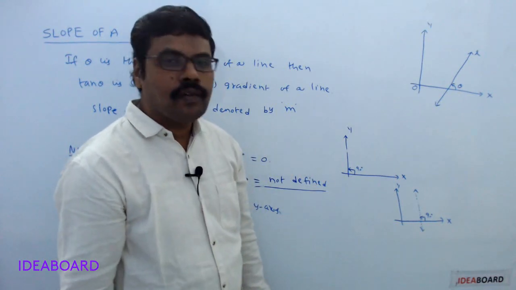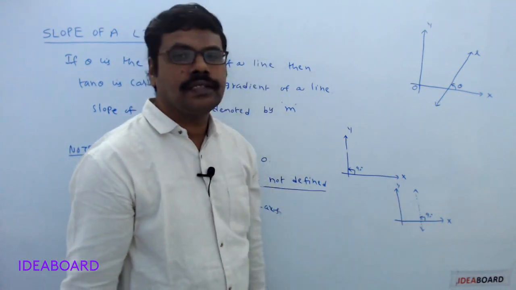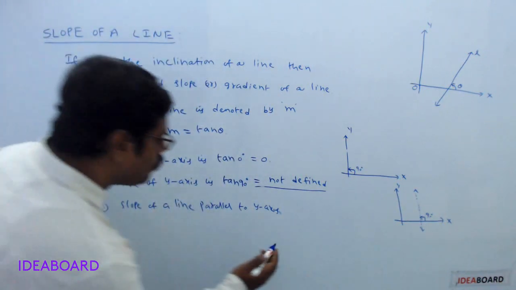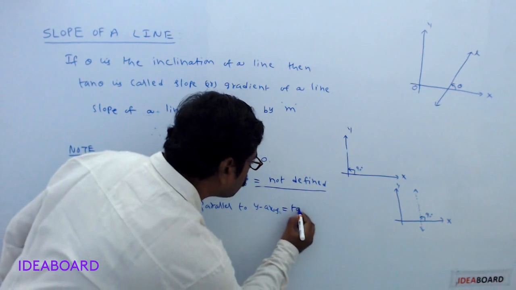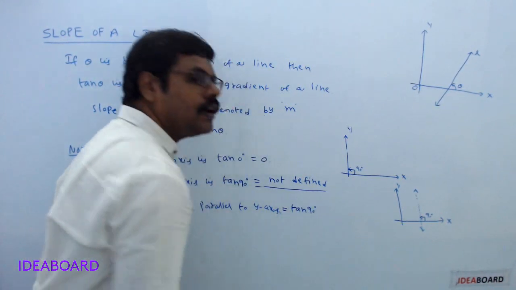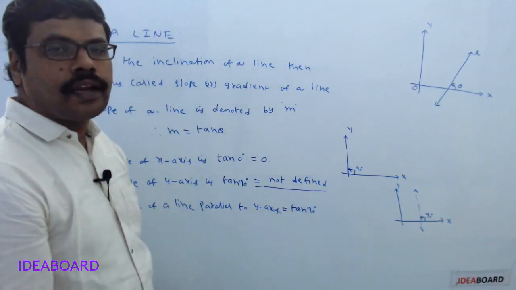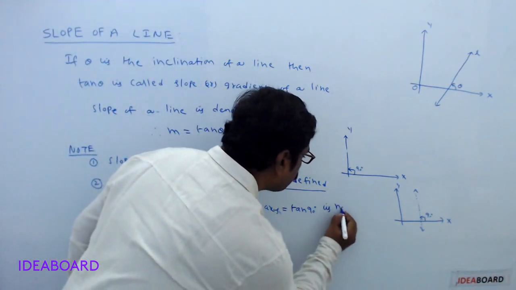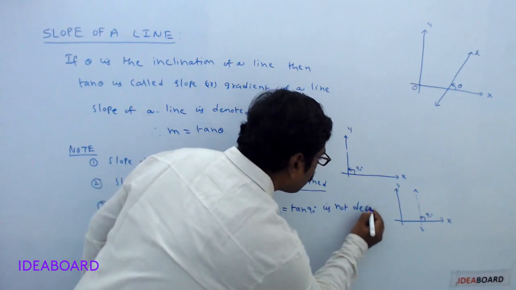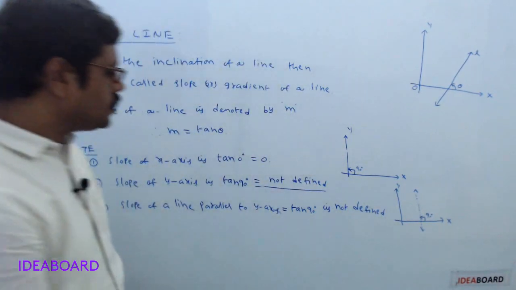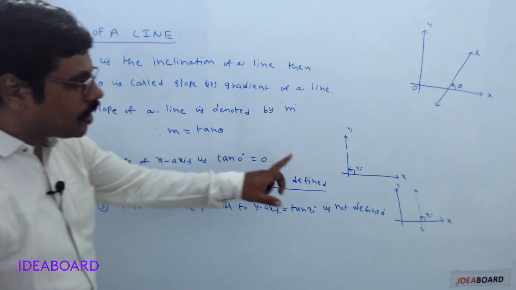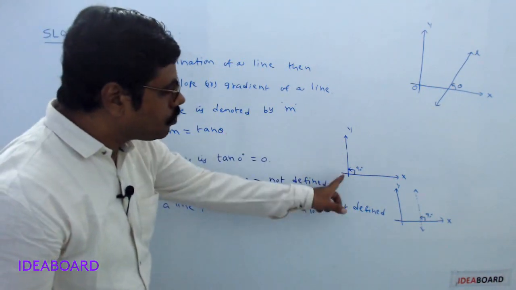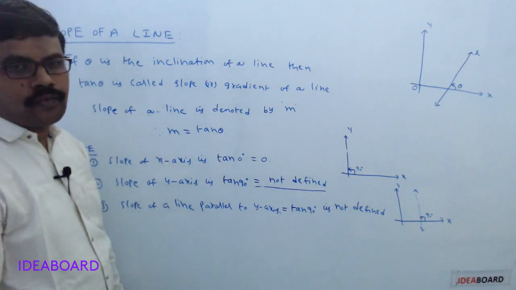Therefore slope of a line parallel to y-axis is tan 90 degrees. What is the value of tan 90? It is not defined. So it means slope of a line parallel to y-axis is not defined. Here also slope is not defined.